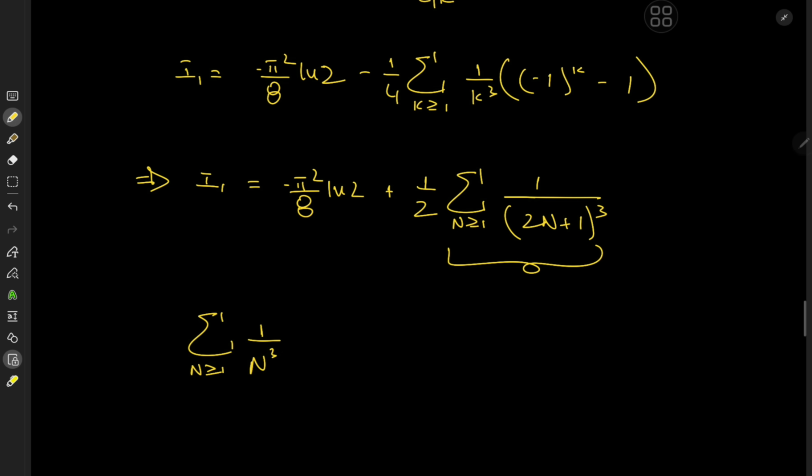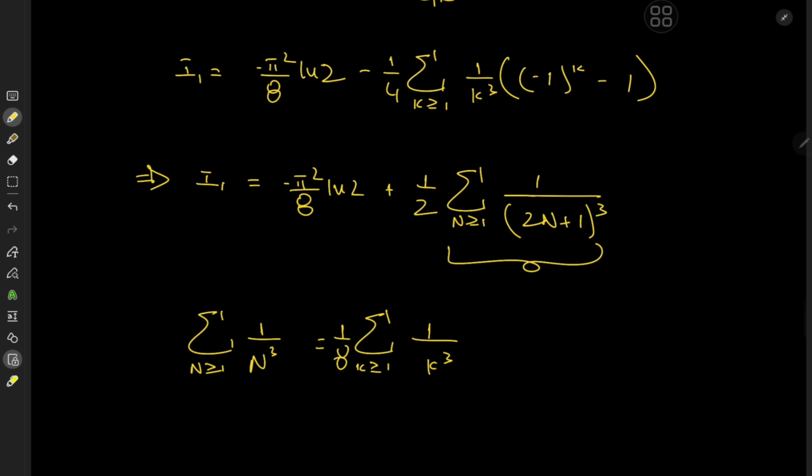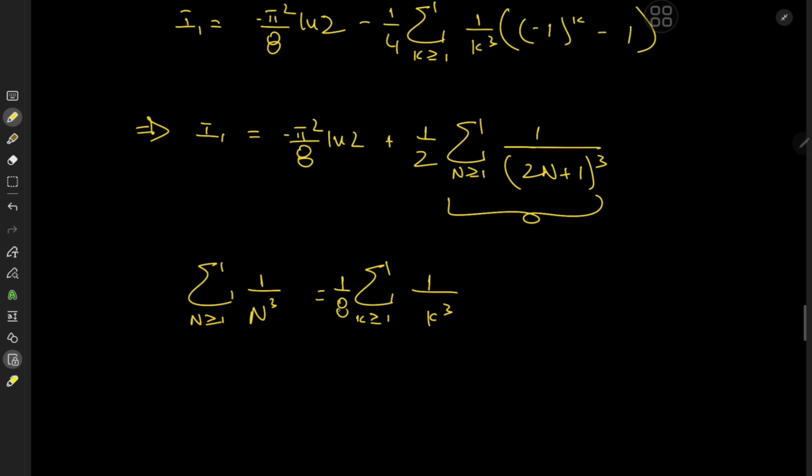You can decompose the sum into sums over even and odd values of n. So this would be a sum over k of 1 over (2k) cubed, which is of course 1/8 of the sum of 1 over k cubed, which is of course again 1/8 of Apéry's constant, so that's convenient.